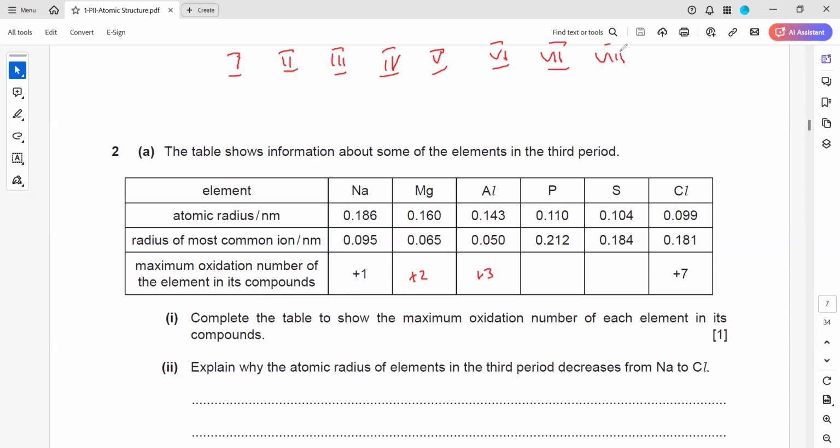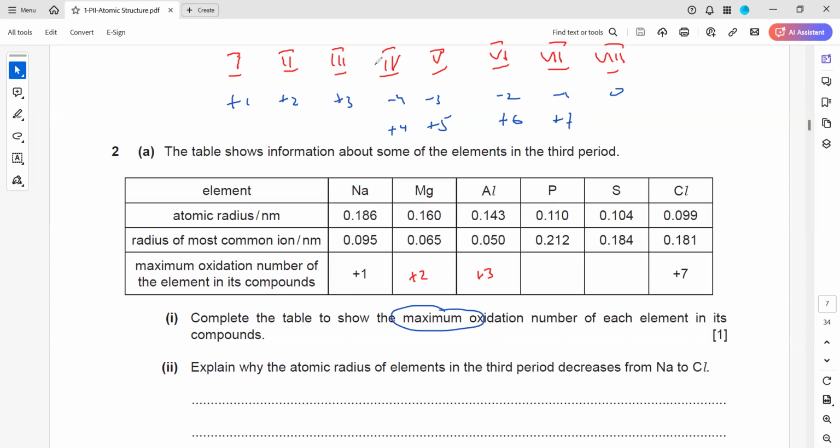So these are the common oxidation numbers: group 1 +1, group 2 +2, group 3 +3, group 4 -4, -3, -2, -1, 0. But group 4 can also have +4. Group 5 can have any number from -3 to +5, group 6 from -2 to +6, and group 7 from -1 to +7. So these are the possible oxidation numbers, but they're asking for the maximum oxidation.